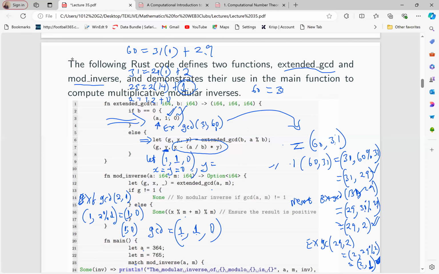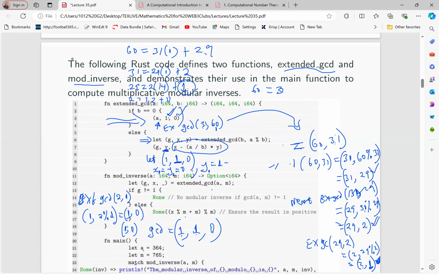Let me talk of X1 and Y1 so that we don't confuse. What does Y1 become? Y1 becomes X, which is 1. X is 1 here.